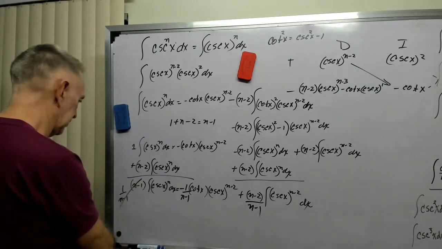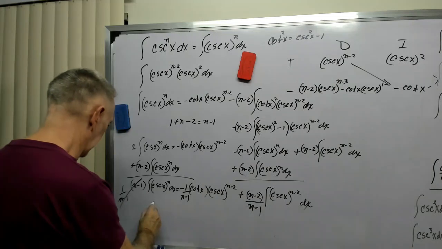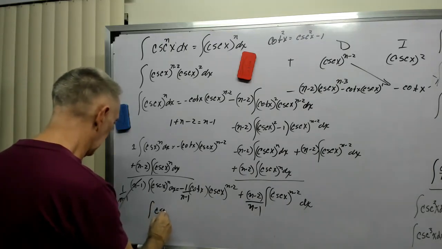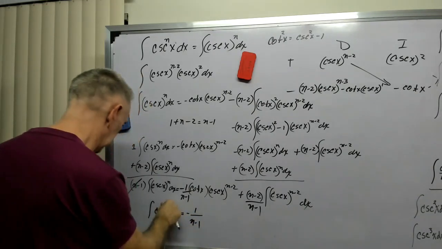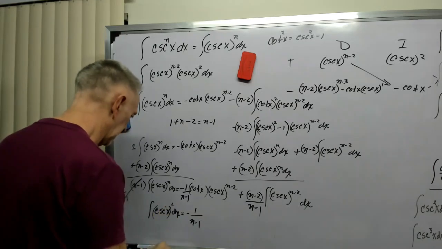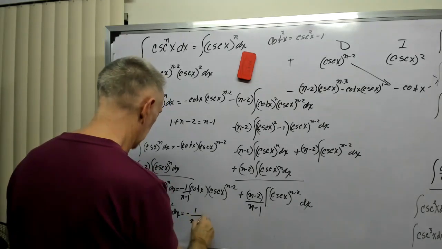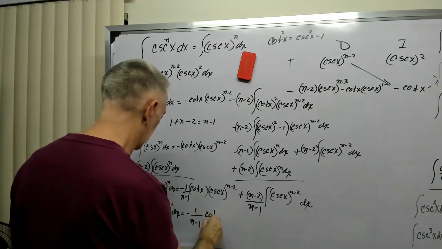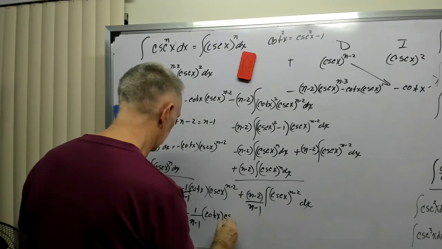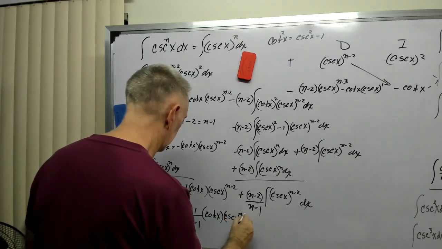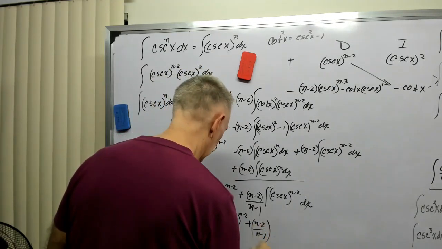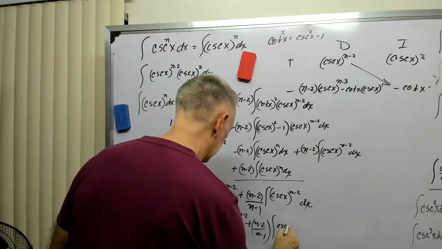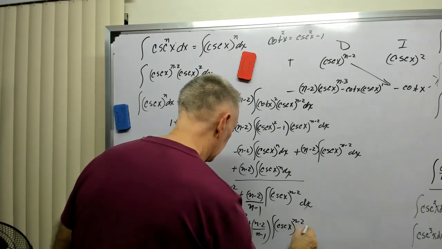Alright, so this cancels out, and I'm going to end up with the integral of cosecant x to the n dx equals minus 1 over n minus 1 cotangent x cosecant x to the n minus 2 plus n minus 2 over n minus 1, the integral of cosecant x to the n minus 2 dx.